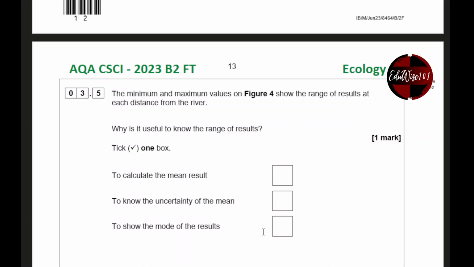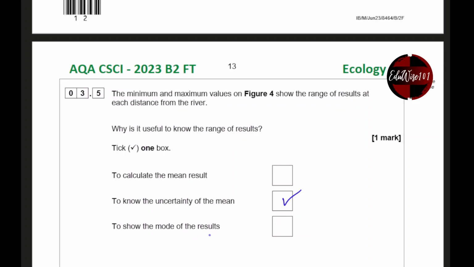The minimum and maximum values on figure 4 show the range of results at each distance from the river. Why is it useful to know the range of results? To calculate the mean result, not necessarily, you would use the numbers. To know the uncertainty of the mean, that is actually the answer.